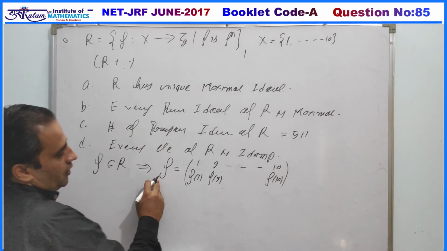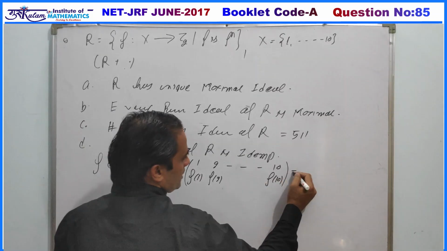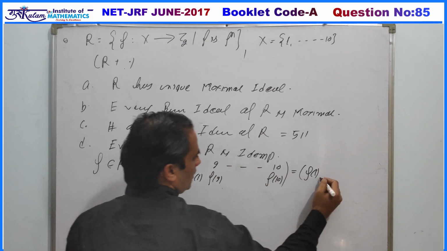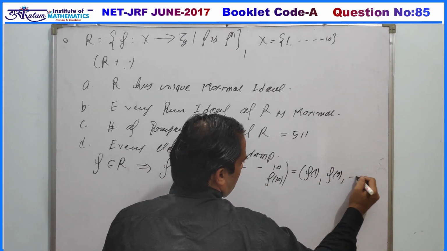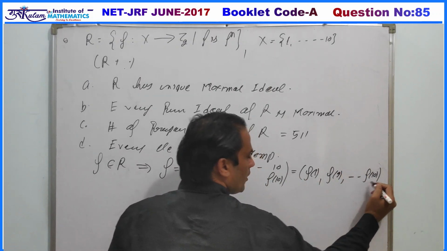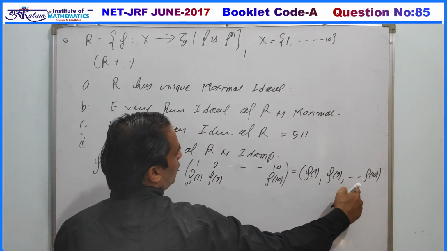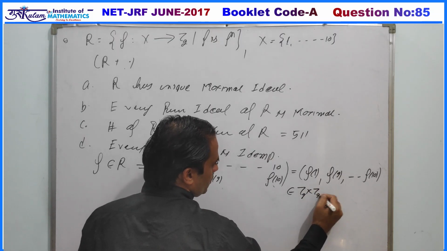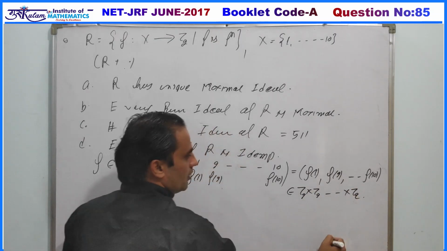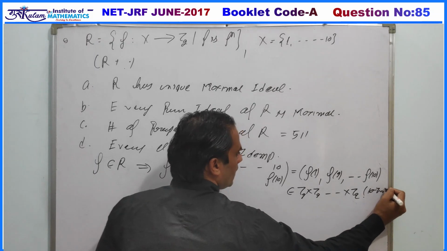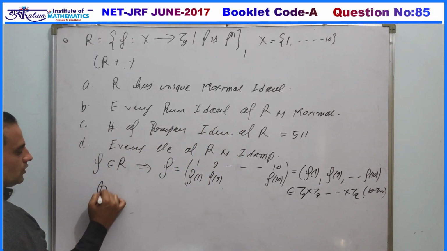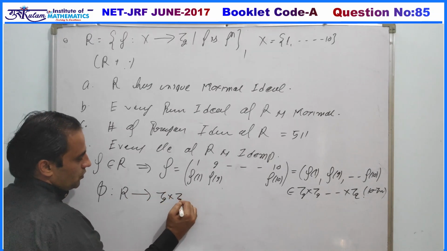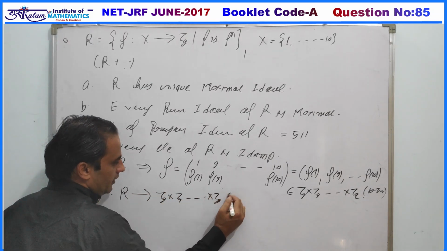So the first component is the image of 1, then f2, up to f10, and since each fi belongs to Z2, this is a member of Z2 cross Z2 cross up to Z2, 10 times.